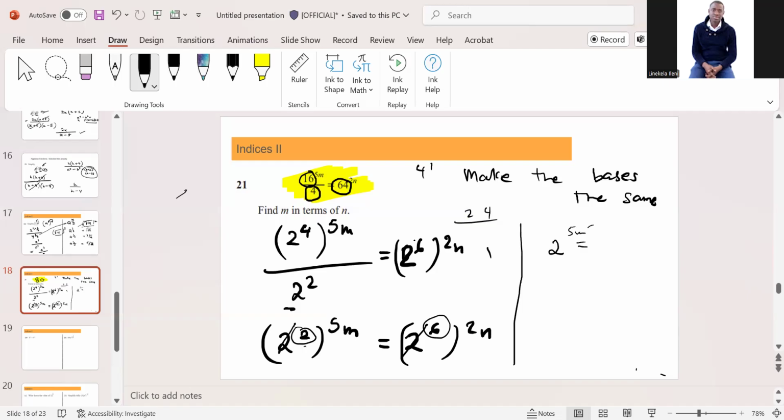Or literally, let's not even do it like that. You can just do this: you cancel the bases, and then you end up with the exponents. Just take a look at what I did there.